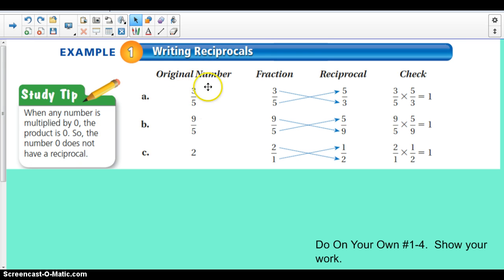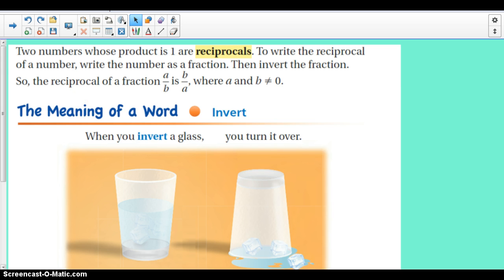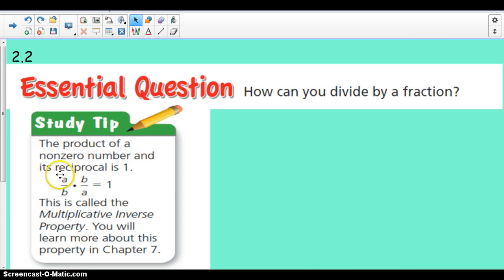Okay, here's your original number, 3/5. It's written again as a fraction, just like this, 3/5. If I tell you to make the reciprocal of 3/5, you would write 5/3. So what you have here is 3/5 times 5/3. And remember, we looked at that. Where did we look at that? We looked at AB times BA.